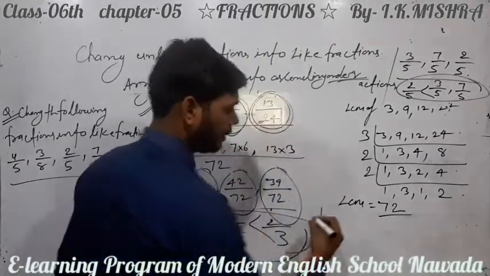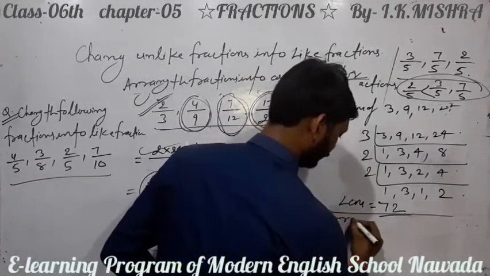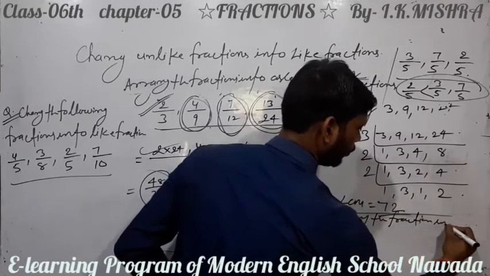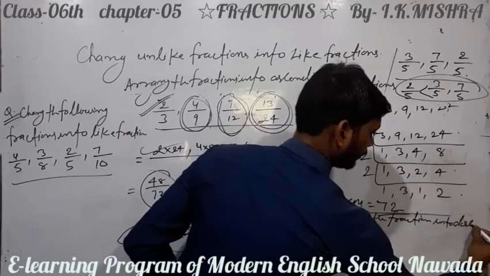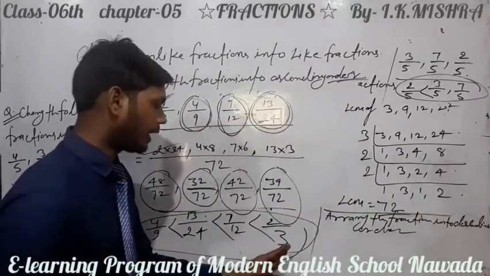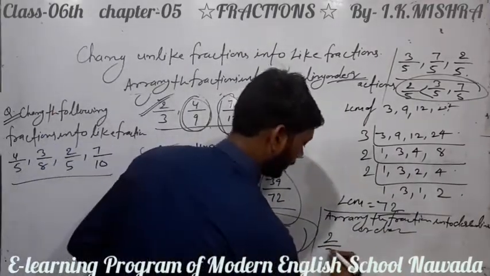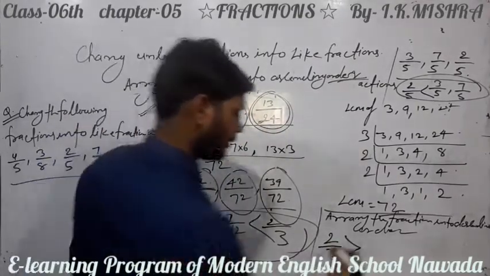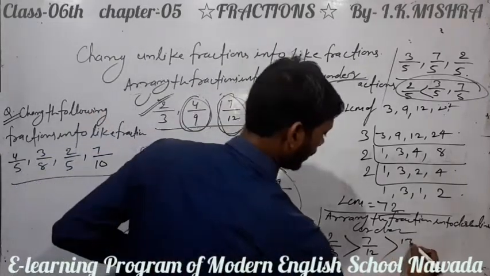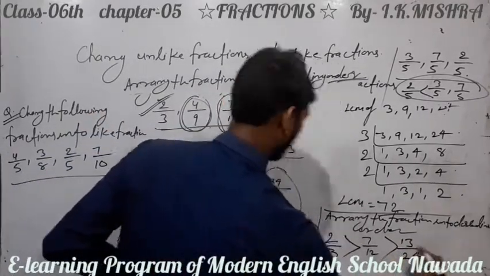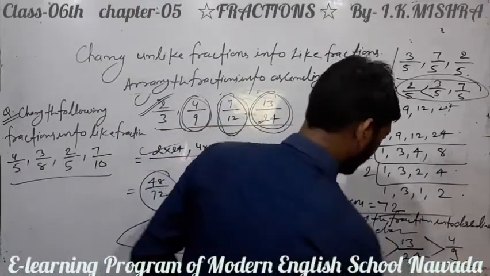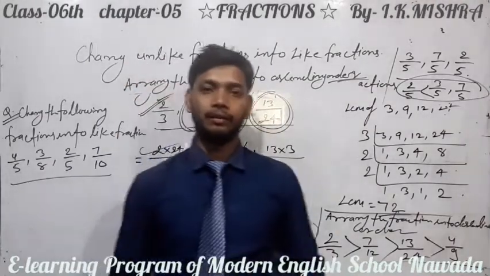So if you have to arrange the fractions into descending order, first of all, 2 by 3 is greater than 7 by 12, 7 by 12 is greater than 13 by 24. After that 4 by 9. This arrangement is in descending order.